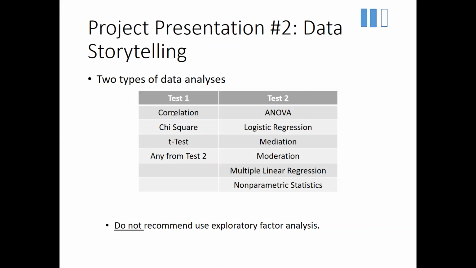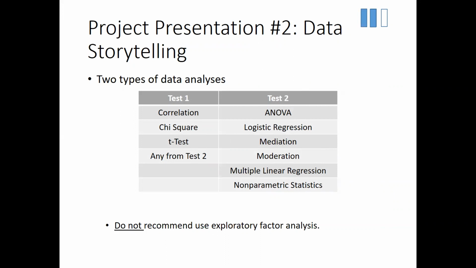But test 1, you can only use correlation, chi-square, or t-test. This is an or statement. In test 2, I expect at least one of your tests to be one of these 6 options. I'm not forcing you to do logistic regression, like I did the first round.